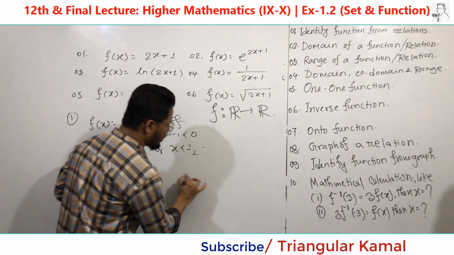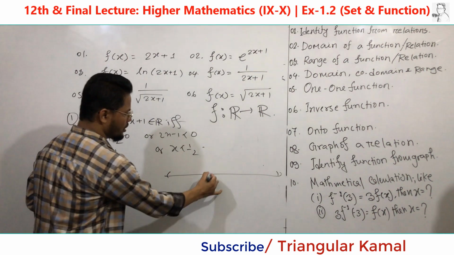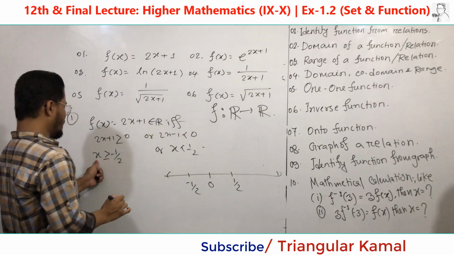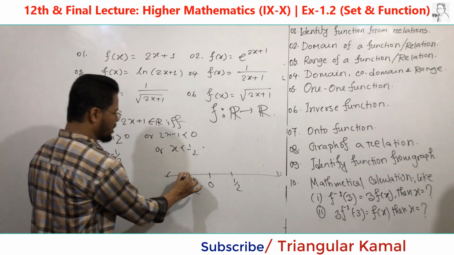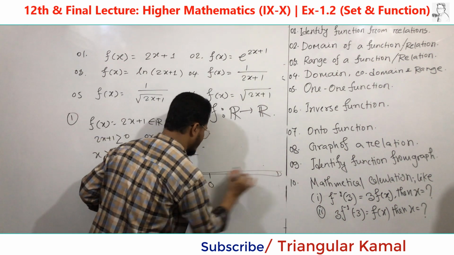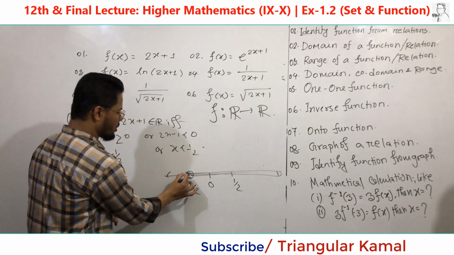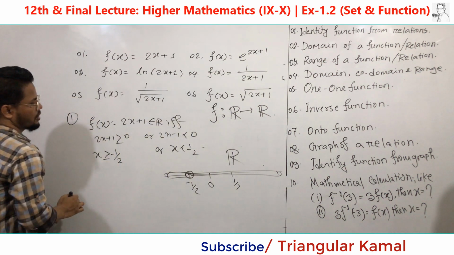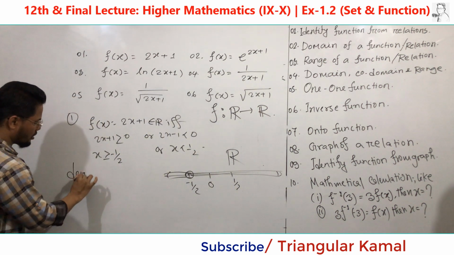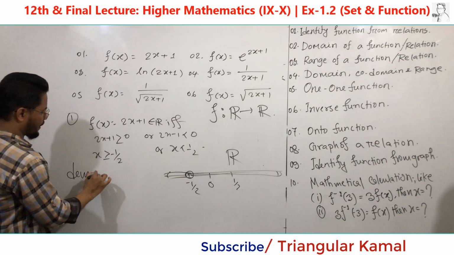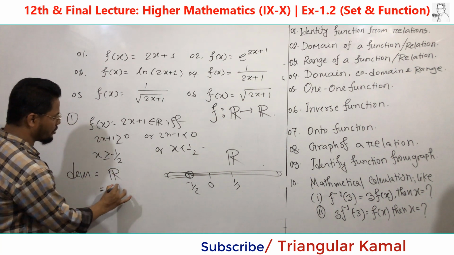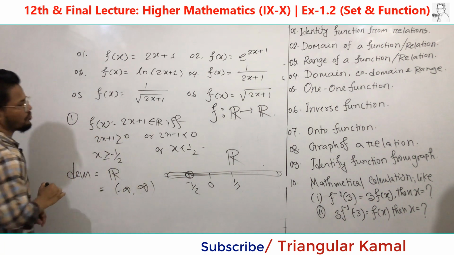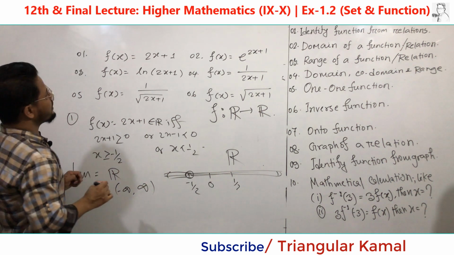If you draw a number line here, this one is 0, this one is 1 by 2, this one is minus 1 by 2, and x greater than or equal to minus half indicates the right side, and this indicates the left side. So we get all numbers on the real line. So the domain will be the set of all real numbers, or you can write minus infinity to plus infinity.